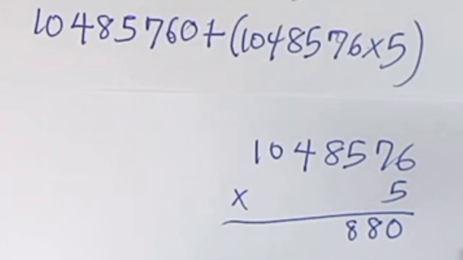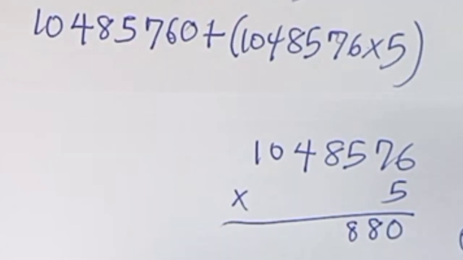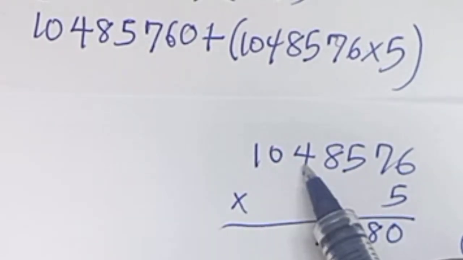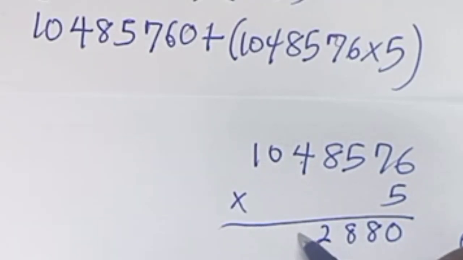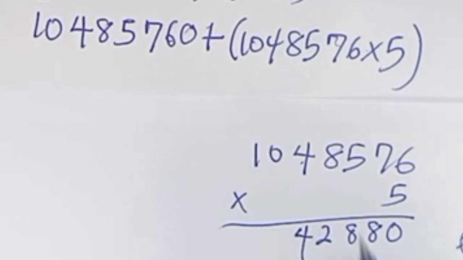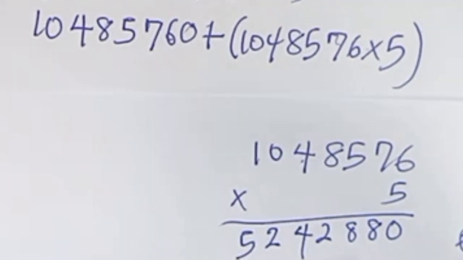Put down 8, carry 2. 5 times 8 is 40. 40 plus 2, 42. Put down 2, carry 4. 5 times 4, 20 plus 4, 24. Put down 4, carry 2. And 5 times 0, of course, 0. Plus 2, that is 2. And 5 times 1 is 5.